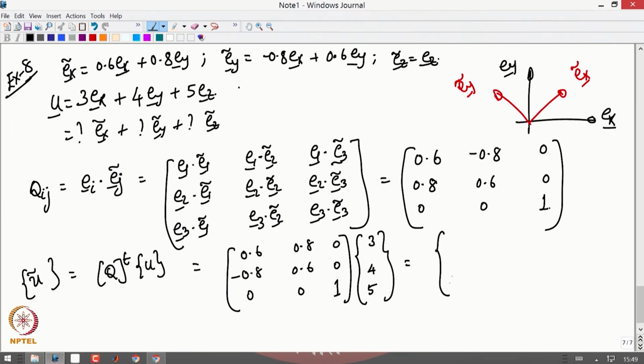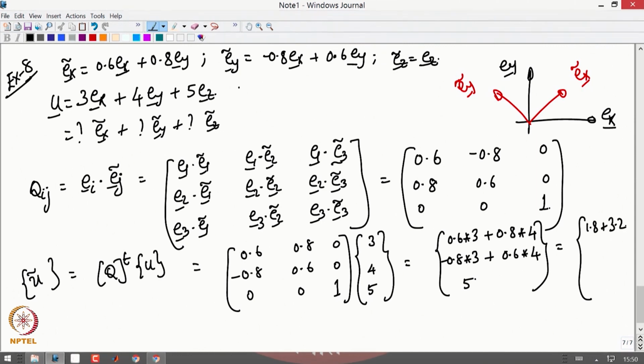So, this will be 0.6 into 3 plus 0.8 into 4, minus 0.8 into 3 plus 0.6 into 4, and this is going to be 5. Okay. So, 0.6 into 3 is 1.8 plus 3.2, this is going to be 0 and this is going to be 5.